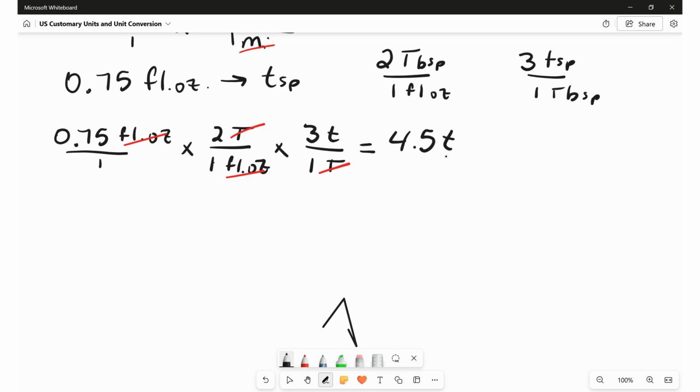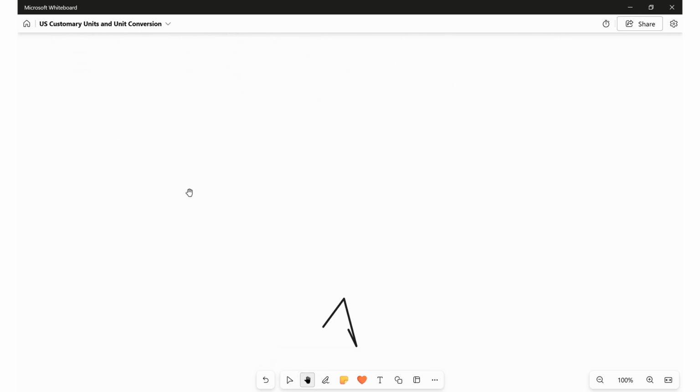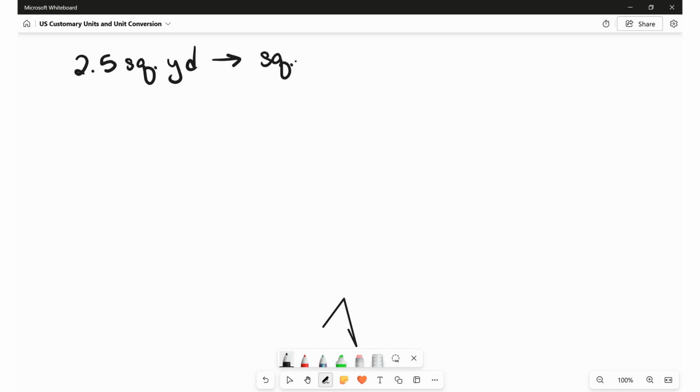What if we want to convert 2.5 square yards to square inches?